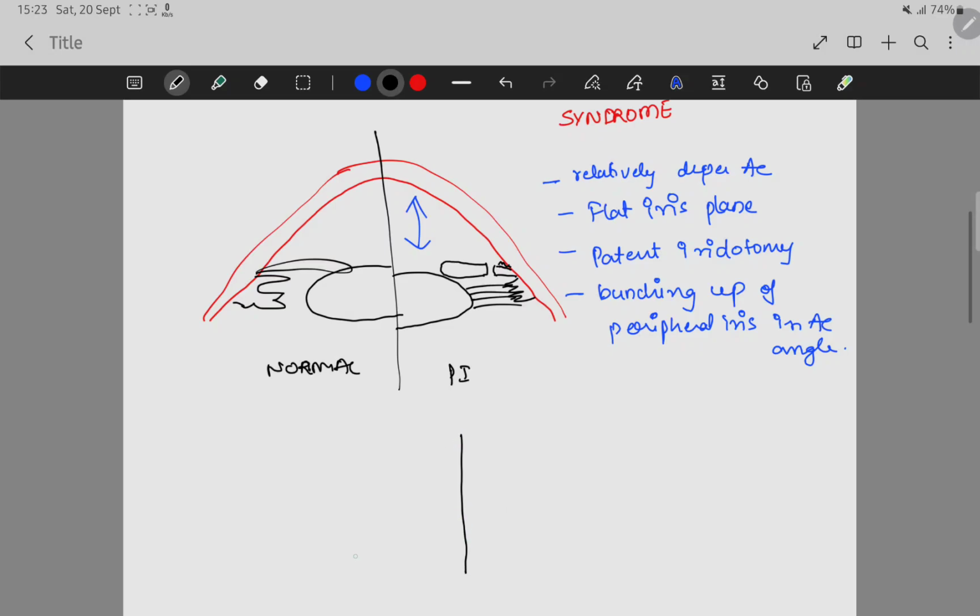Right? So if we consider this is the root of iris, we have ciliary body band, scleral spur, pigmented trabecular meshwork, non-pigmented trabecular meshwork, and the Schwalbe's line. Right?